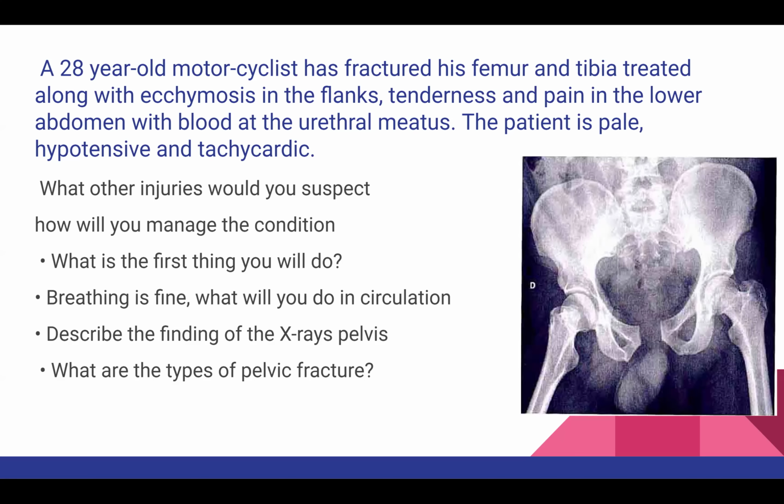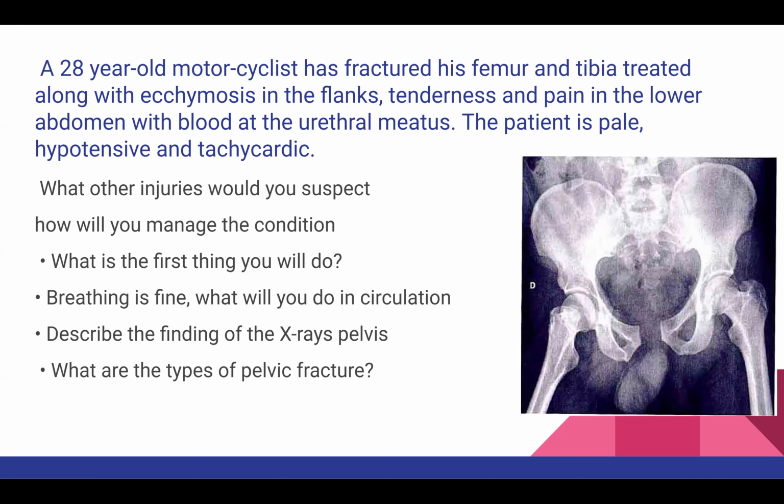So what other sort of injuries would you suspect in this patient? Sure. As seen in the X-ray, because there is a pubic diastasis, a widening of the pubic joint, and also sacroiliac disruption.